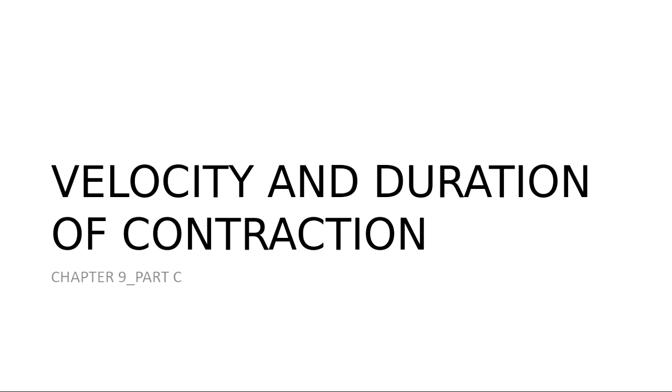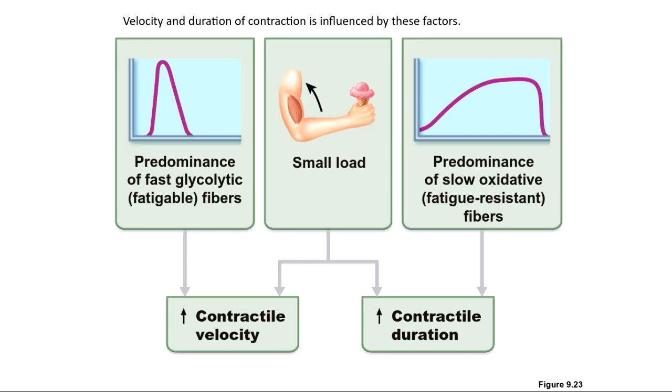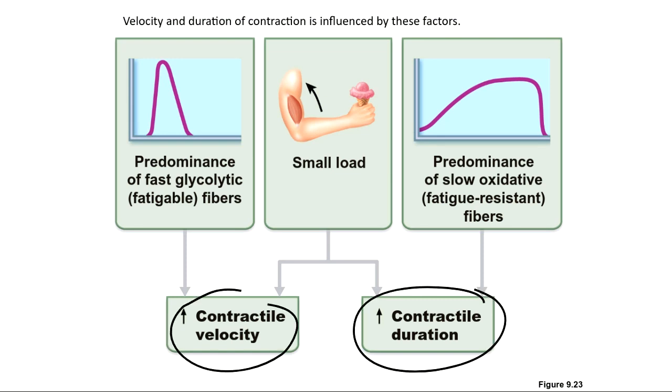So again, we're going over how muscles work. Another concept is the velocity and the duration of the contraction. And that's going to be influenced by the load that the contraction is trying to lift, by the type of fiber that is being activated, and whether the muscle has a predominance of glycolytic fibers or not.